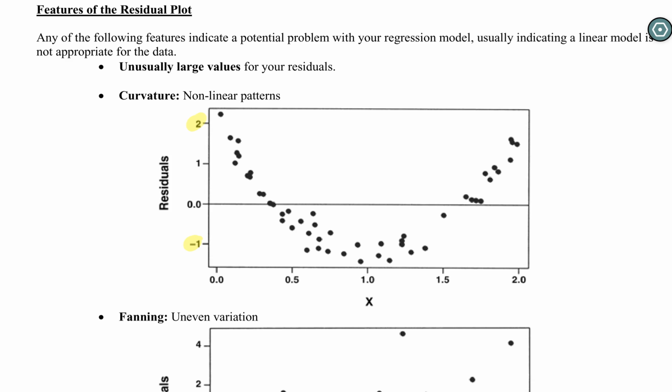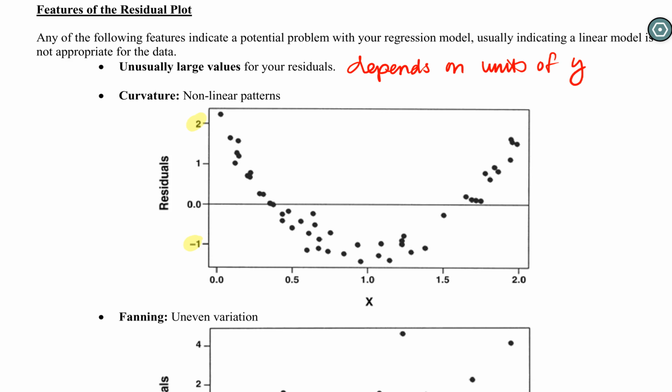And that really depends on the actual units of your y. If our y is height and we're off plus or minus 2 inches, that's not a terrible thing. If it's weight and we're off plus or minus 2 pounds, that's even better.